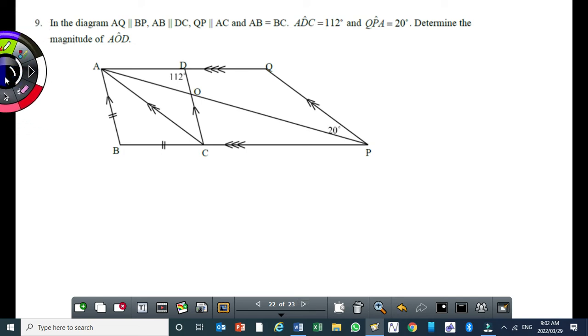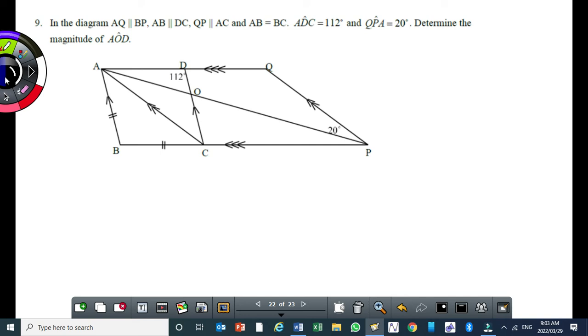And then here, now a question like this one is the easiest that you can encounter, whereby you are given angles and all that. That's the easiest type of question, which you should be able to score all the marks. Okay, so here you are given that AQ is parallel to BP, AD is parallel to BC, QP to AC, and AD is equal to DC.